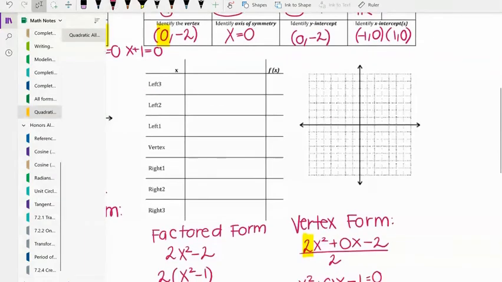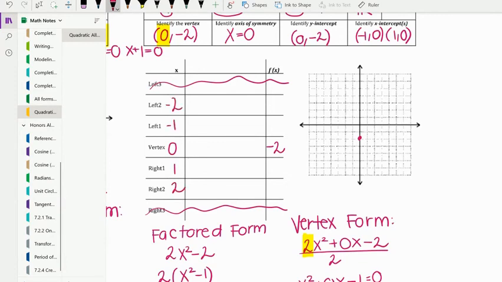All right, so now we plug in points. So we know we're going to skip that and skip that. So for the vertex, it is (0, -2). So I'll go ahead and plot that. And then I'm going to pick 2 points higher and 2 points lower. Remember, you only need to really do one side, and then you can reflect it.